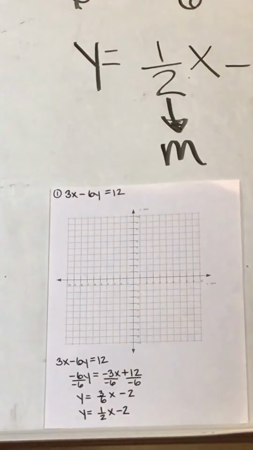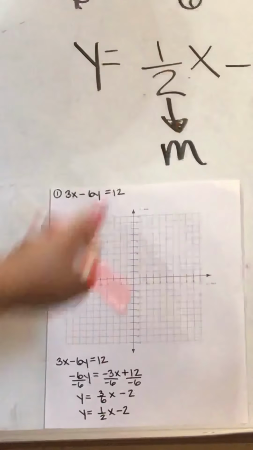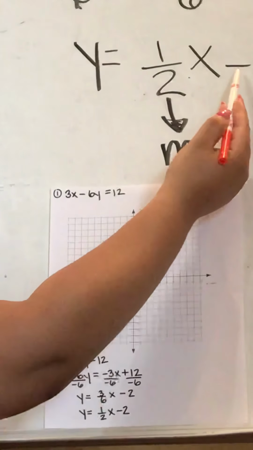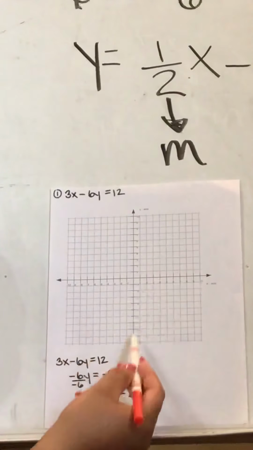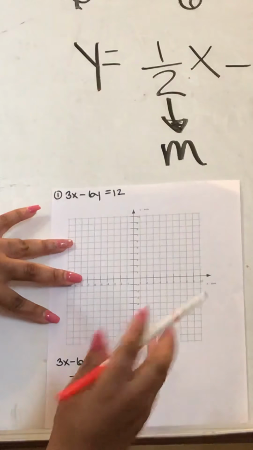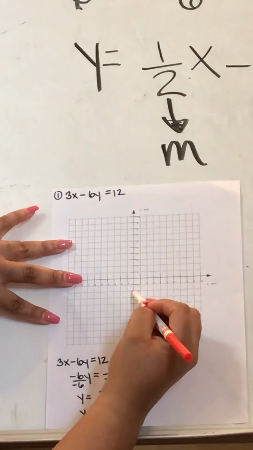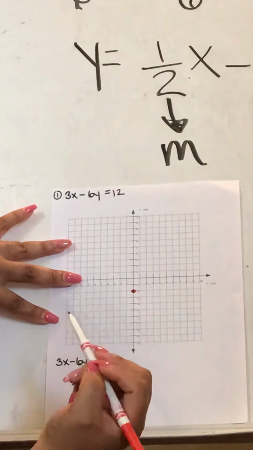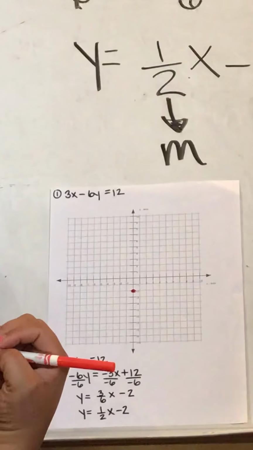I want to graph this equation. Negative 2 is where it's going to cross the y-axis, so I'm going to put my first point at negative 2 on the y-axis. Do y'all see that dot?